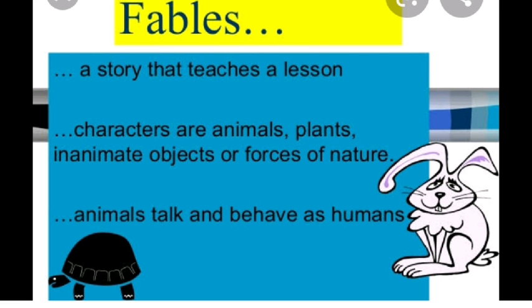Today the story we are going to read is also a fable, because the story will teach us a lesson, and the characters are also animals, and the animals talk and behave as humans.